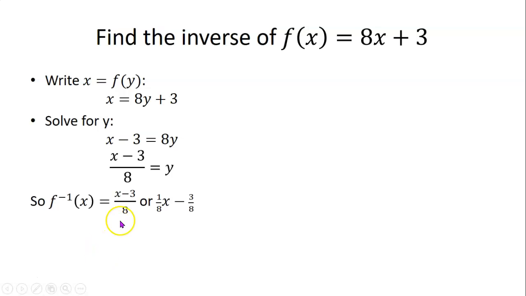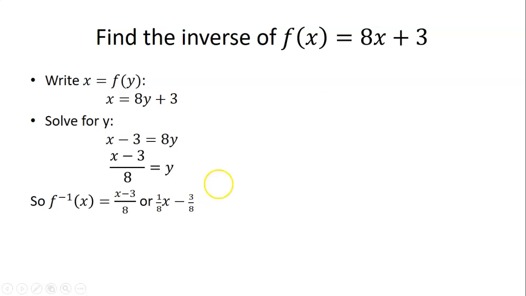So that's the inverse. We can either write it exactly like that, x minus 3 all over 8, or we can break it up into x divided by 8, or x times 1/8, minus 3 divided by 8, or 3/8. You can write it either way, same thing.